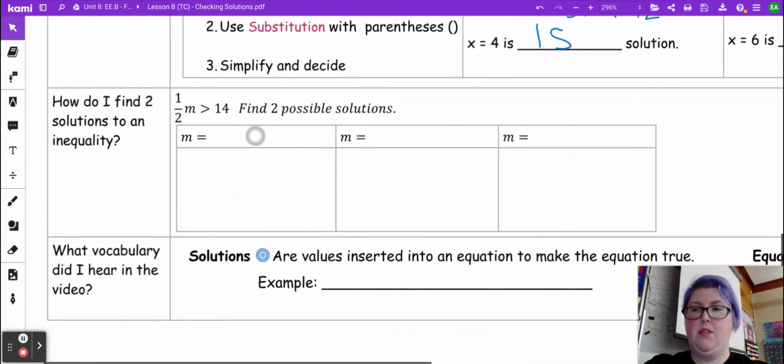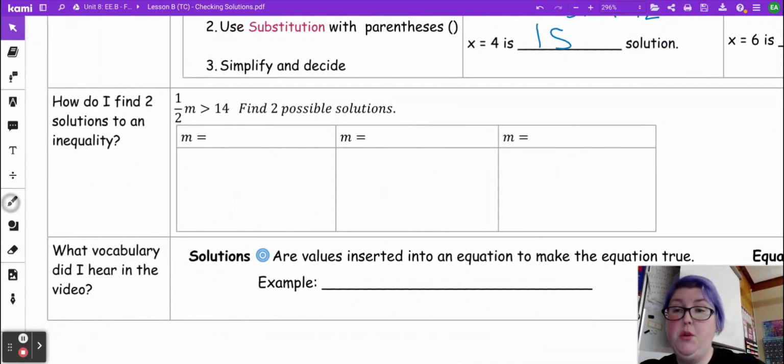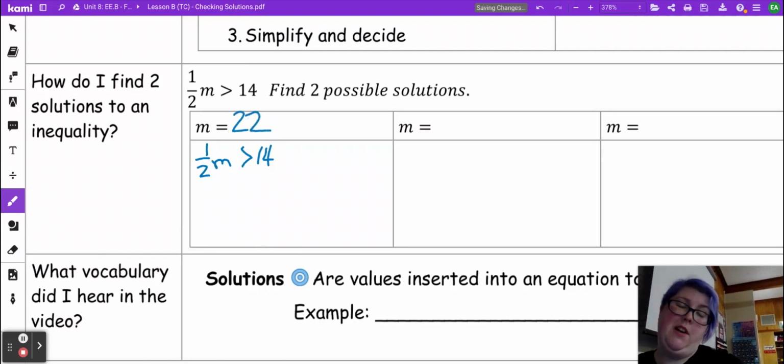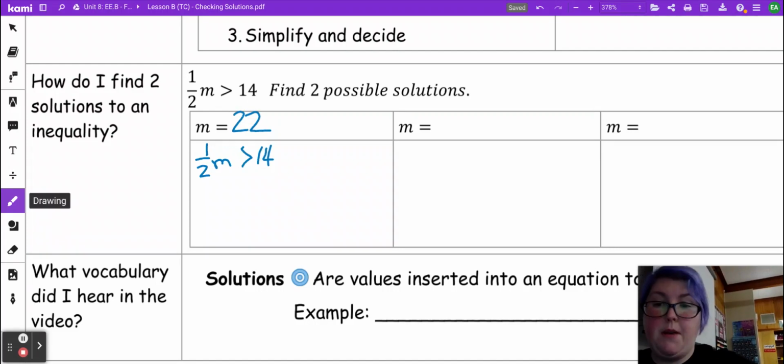All right, so how do I find two solutions? So we're going to start by writing 1/2 times m greater than 14. I'm going to pick 22 because it's bigger than 14 and it's an even number, so I don't have to deal with decimals. I'm going to do my substitution of 1/2 times 22 is greater than 14.